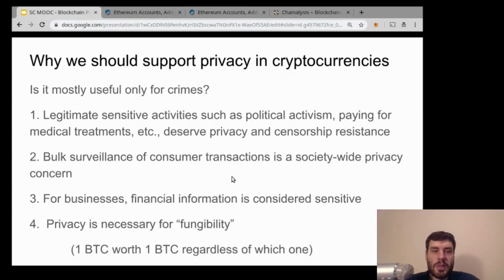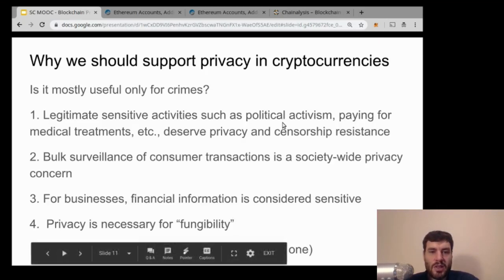There's a final argument that I would make, which is that privacy is important for fungibility. So we like to think that it's the case that one Bitcoin is the same value as any other Bitcoin. They're all equivalent. Same with Ether. One Ether is the same value regardless of which account it belongs in.